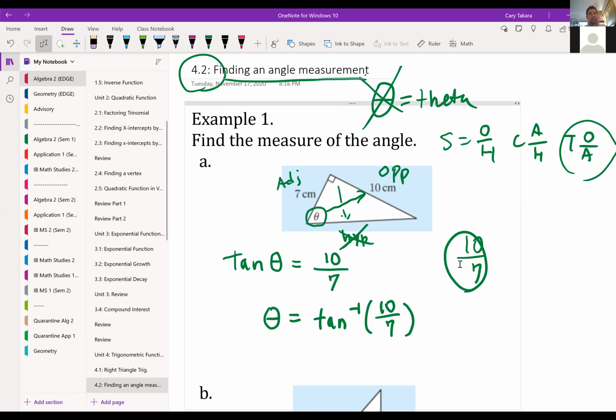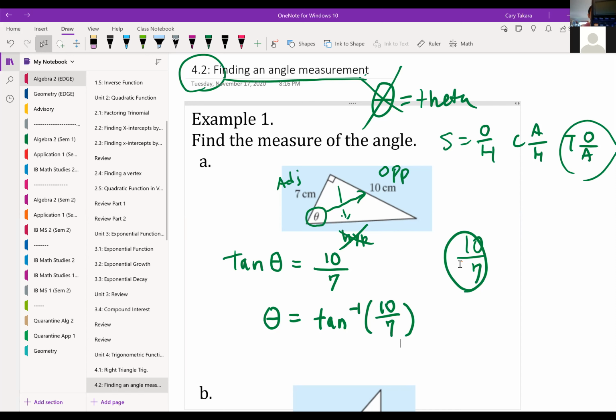So how do we do that? Well, it's inverse tangent of 10/7. If you look at your calculator, just right above tangent, you see tangent and -1 first power in yellow font. Usually you have to press shift, or in my case, it's the second button. So you go second and then the tangent button.